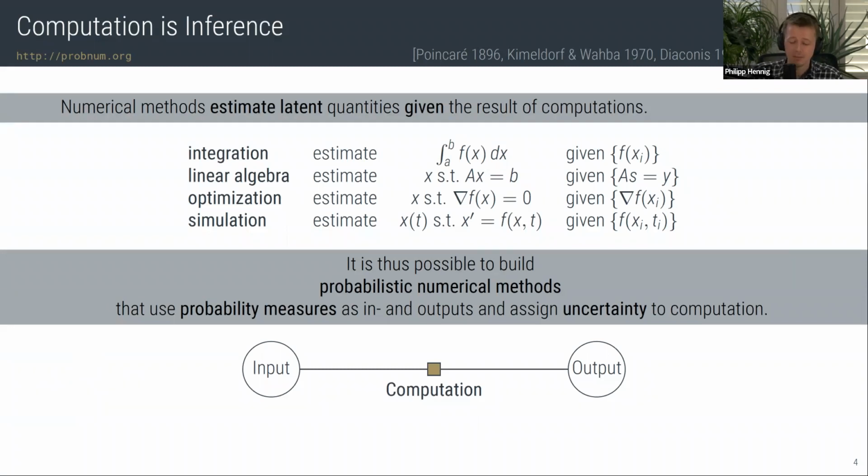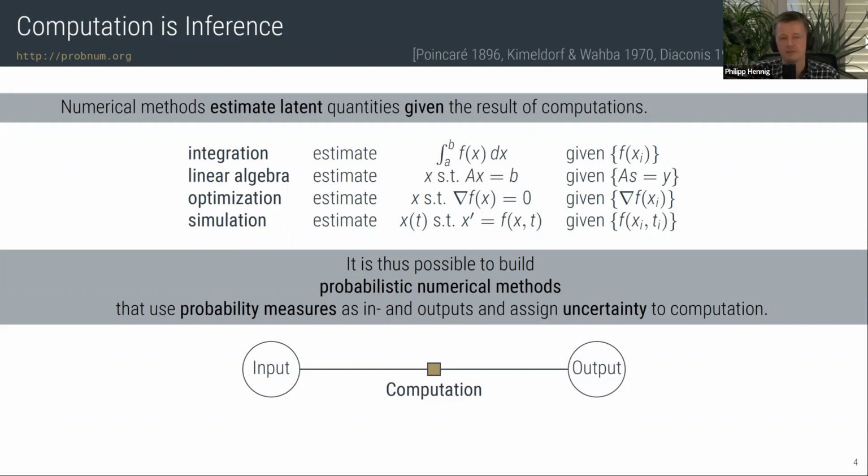And that means we can think about numerical algorithms in the language of machine learning, and in particular phrase them in the mathematical language of probabilistic inference, as algorithms that take a probability measure as their input rather than a point mass description, then use Bayes' theorem, probability theory, to refine that probability measure in the light of computations that they perform themselves, and then return as an output, again, a probability measure rather than a point estimate. And these algorithms we like to call probabilistic numerical algorithms.